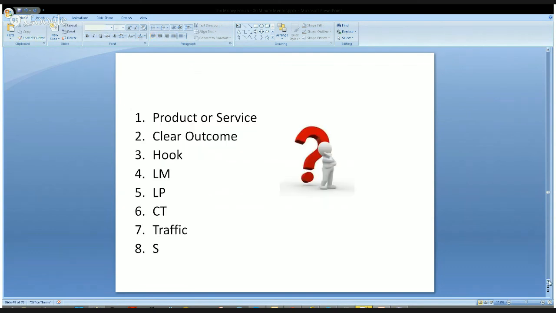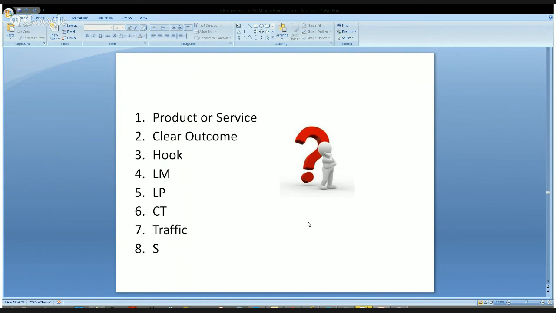So over the past weeks, we've been looking at how to select a product or service, how to get a clear outcome, who your target market is, and what you're expecting from everything. And last week we looked at the hook, basically a headline, what's going to grab somebody's attention and how you're going to do it. We were looking at the AIDA formula: attention, interest, desire and action.